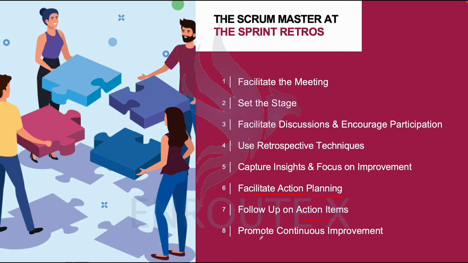So with all this, the Scrum Master is continuously promoting improvement for the team. The Scrum Master is looking at how the team could improve on their delivery processes. That is what the sprint retrospective is all about.